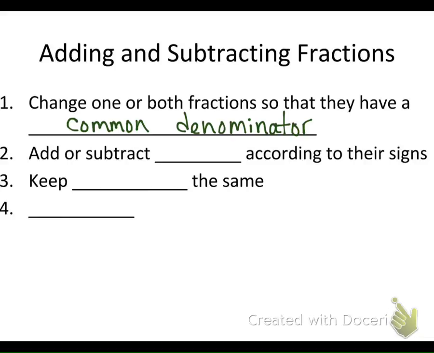Let me get something else. If I have this, 3. So they have common denominators, right? So step 1, they have common denominators. I didn't have to worry about finding a common denominator. Step 2, add or subtract the what according to their signs.